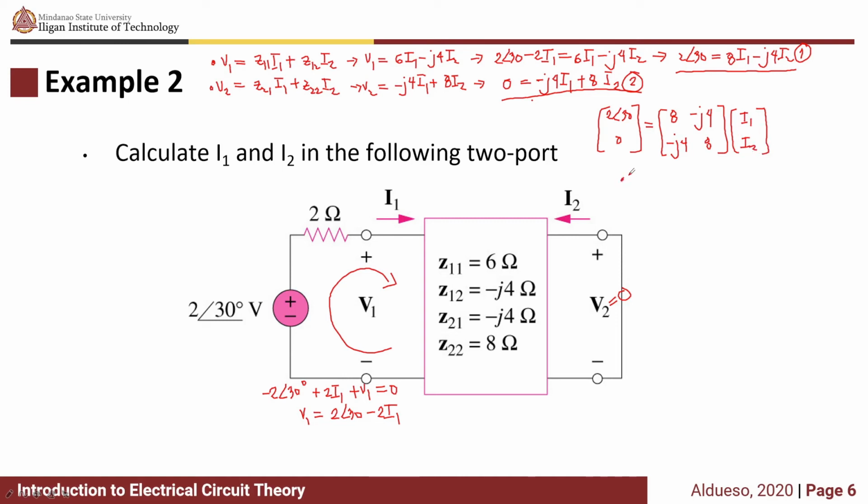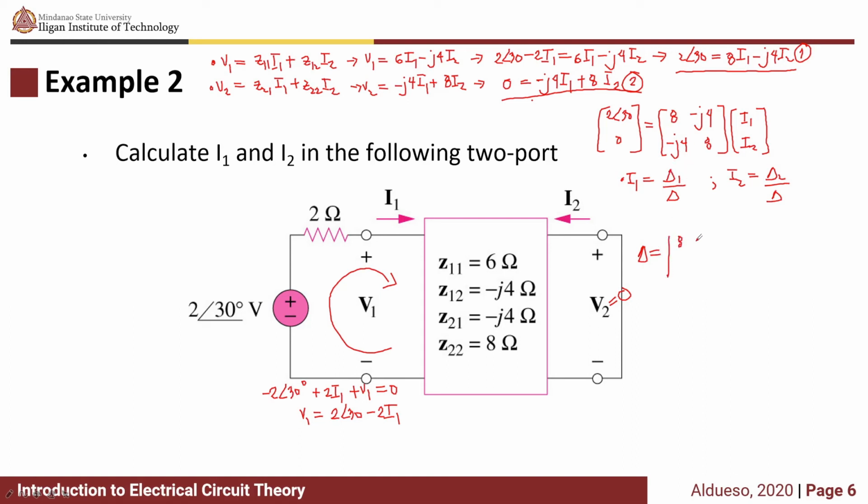So our I1 is equivalent to delta 1 over delta. Our I2 is equivalent to delta 2 over delta. Where our delta is equivalent to the determinant of the Z parameters.